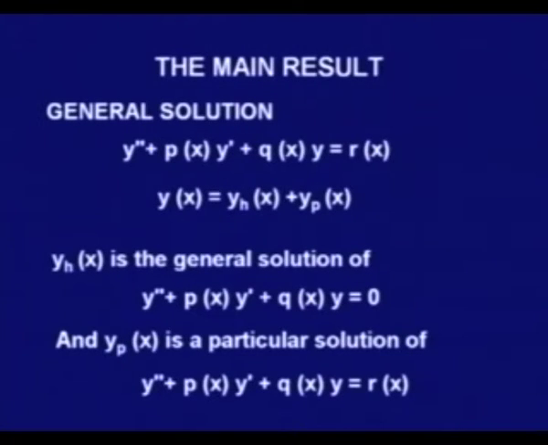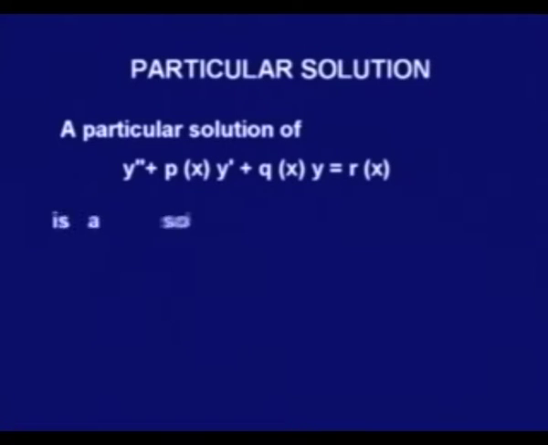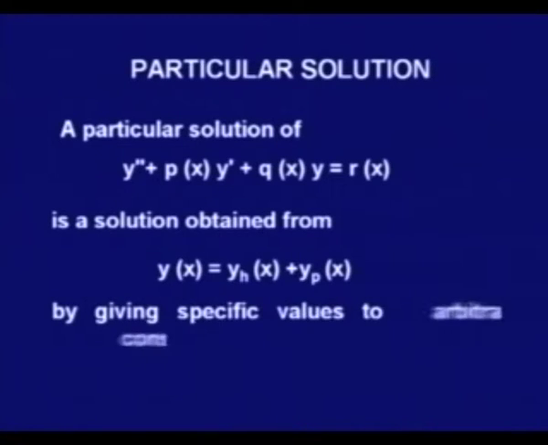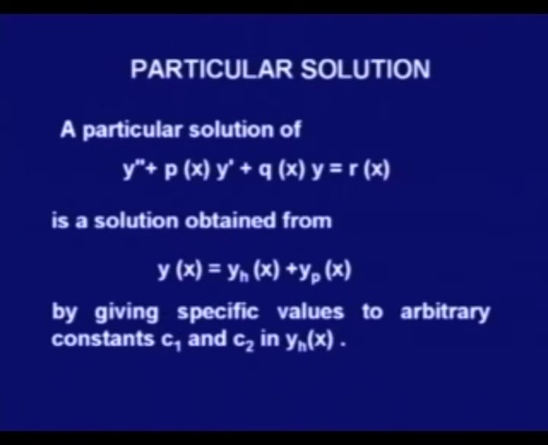Now, what will be the result about the particular solution? The particular solution, we do know, can be obtained from the general solution yh(x) plus yp(x) by giving specific values to C1, C2 in the yh(x).